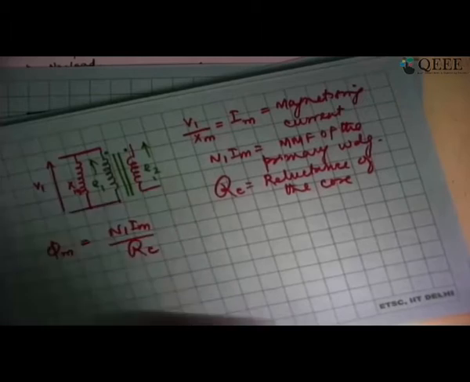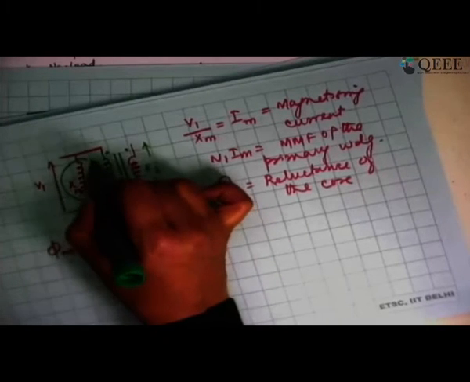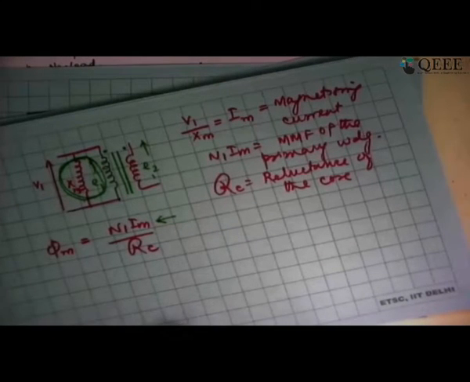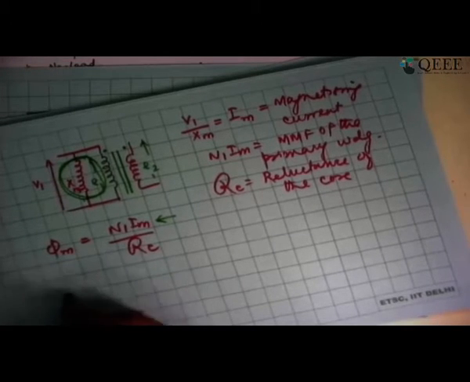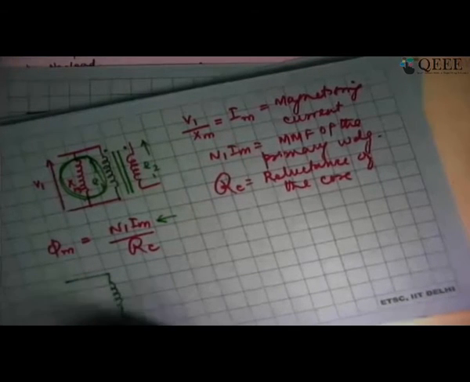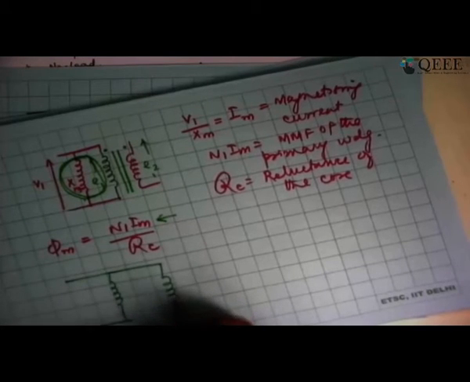Now, I can say that this magnetizing current is equal to V1 by Xm. So I am representing the finite permeability of the core with the help of a reactance, known as the magnetizing reactance. If I draw the equivalent circuit, I should show an Xm here with the ideal primary winding sitting here.